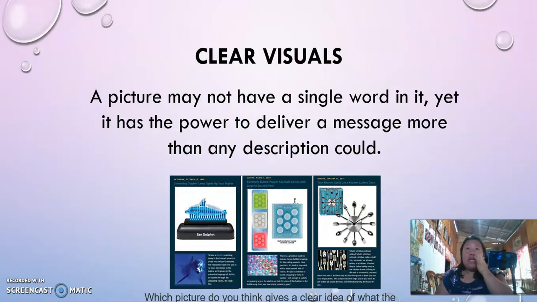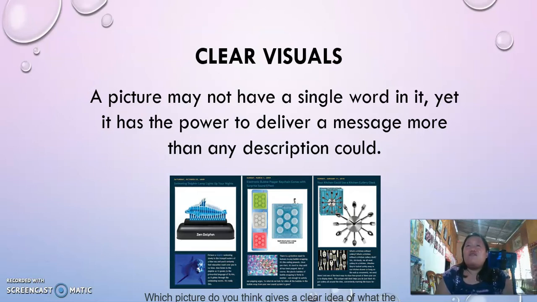Next, let's go to clear visuals. A picture may not have a single word in it, yet it has the power to deliver a message more than any description could. Which picture do you think gives a clear idea of what the product is all about? In this part, make sure that you do not put too many pictures of your product.